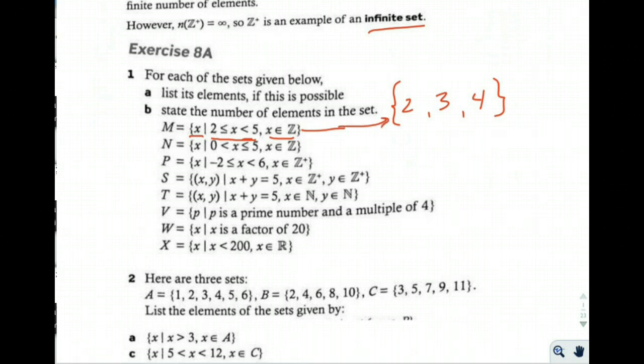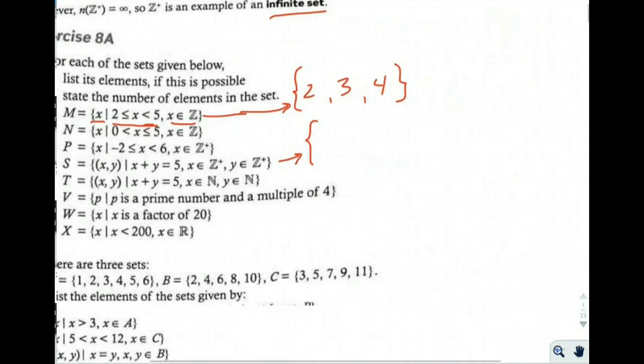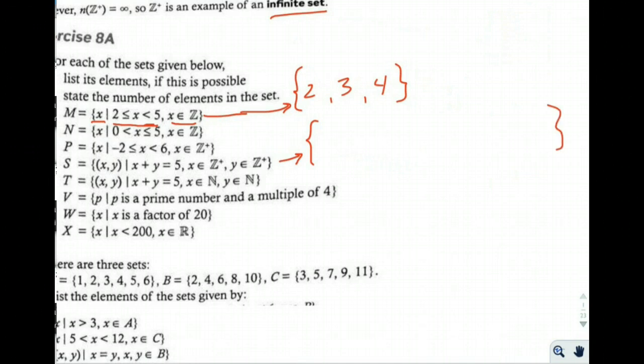Let's try the set S. The set S is interesting. It's a set of coordinates. But what coordinates are there? The coordinates that satisfy the equation x plus y equals 5, such that x and y are both positive integers greater than or equal to 1.